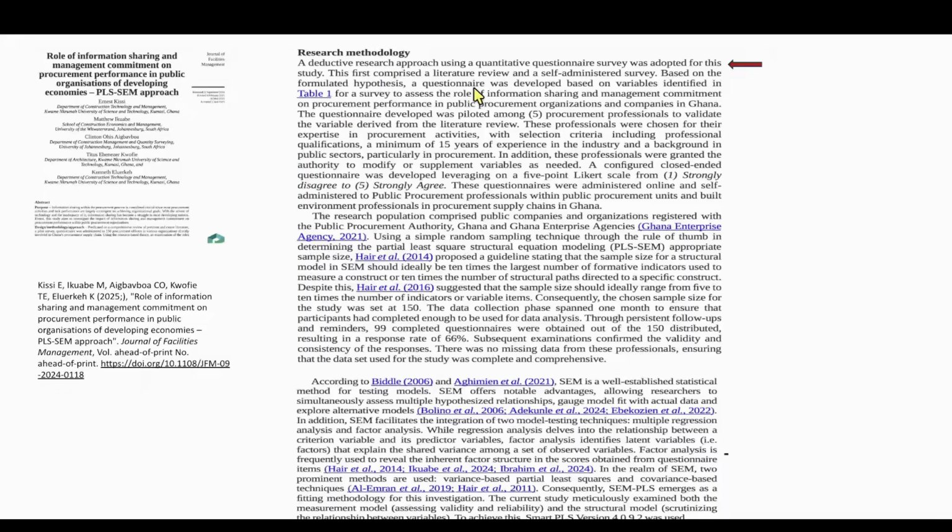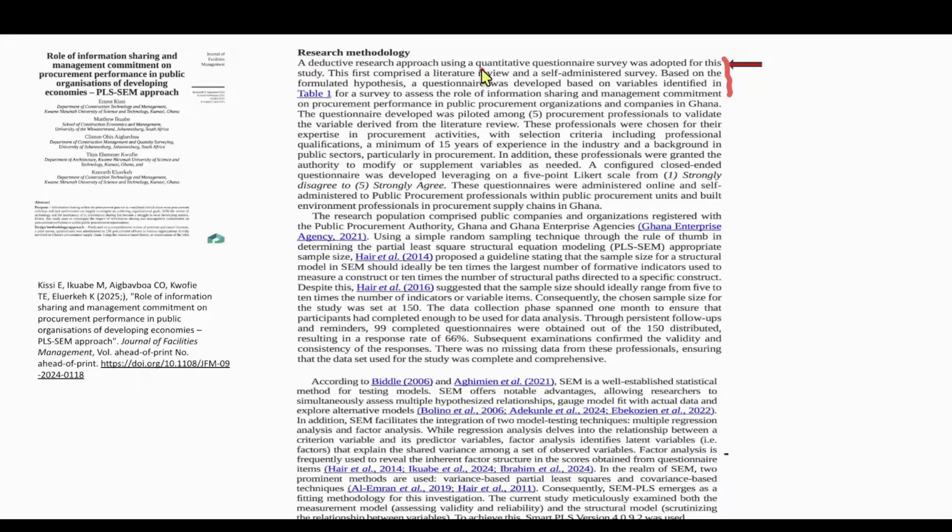Can we see here the researcher has clearly indicated in the very first three lines what is the approach they are adopting. They are adopting a deductive research approach using a quantitative questionnaire survey. Now, the deductive research approach we will not talk about, we have already discussed that in one of our previous videos.